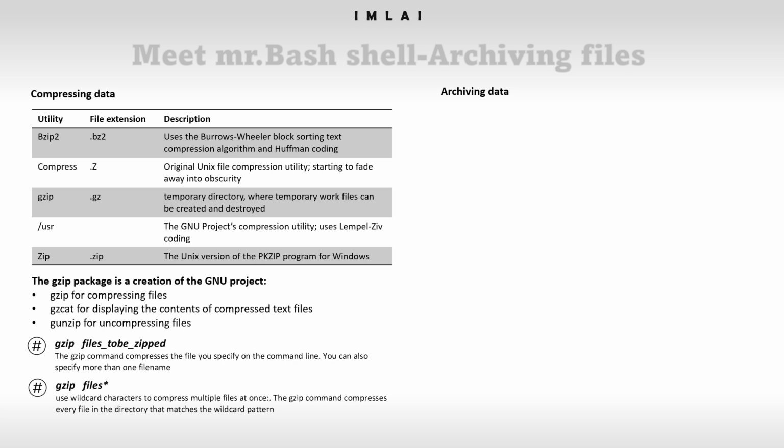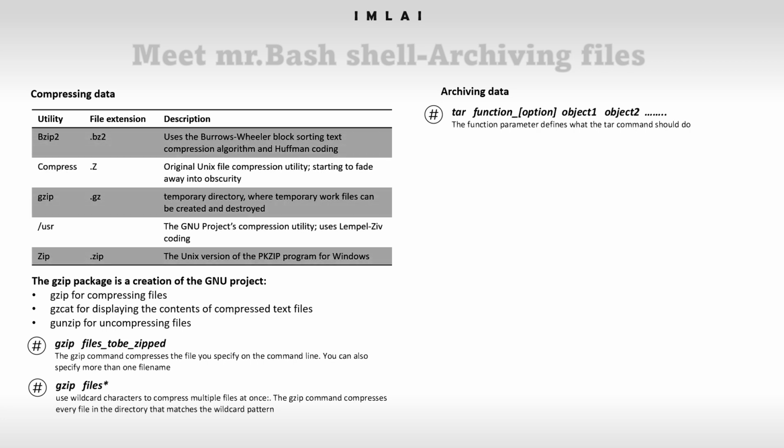Although the zip command works great for compressing and archiving data into a single file, it's not the standard utility used in the Unix and Linux worlds. By far, the most popular archiving tool used in Unix and Linux is the tar command.